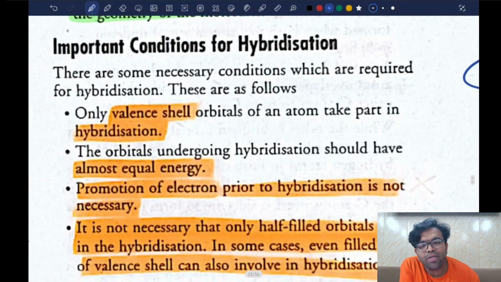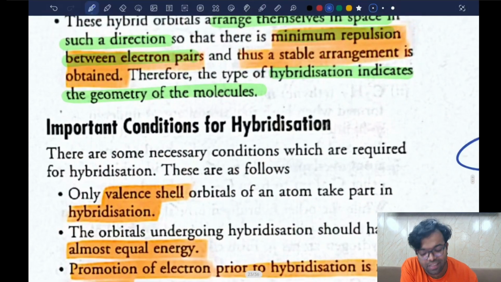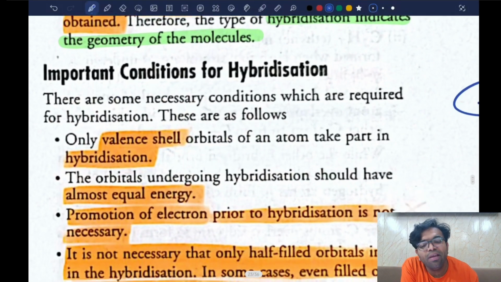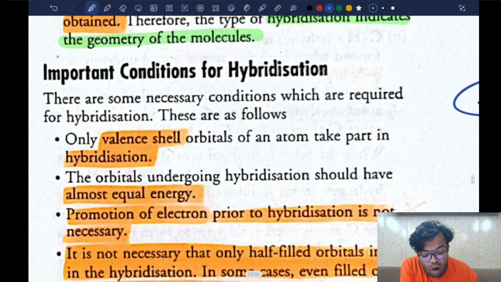Now, important conditions for hybridization. There are some necessary conditions which are required for hybridization. Let's discuss these three. First, only valence shell orbitals of an atom take part in hybridization. For example, in the case of carbon, what are the valence orbitals that we have?